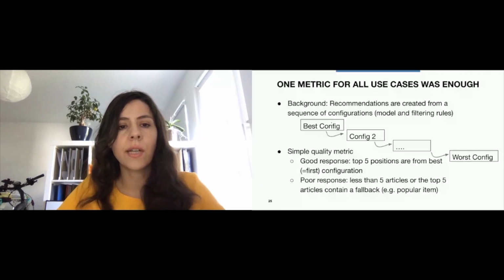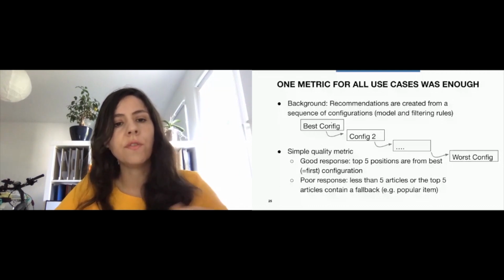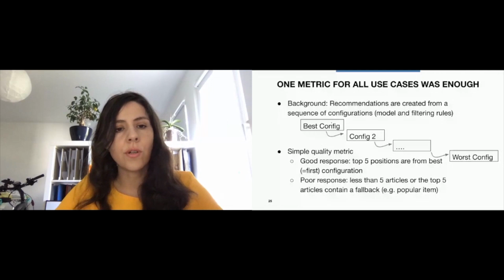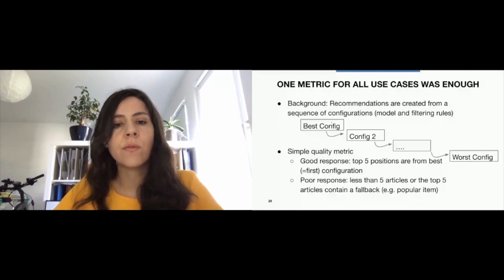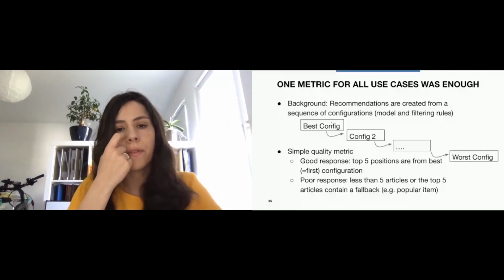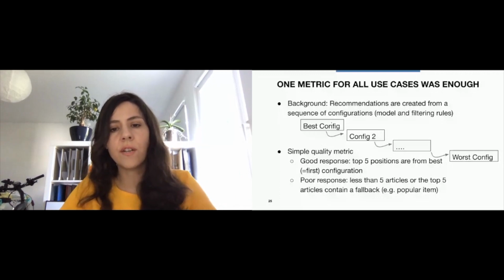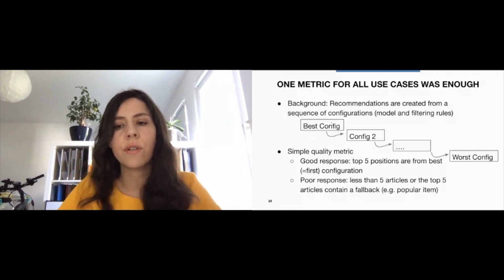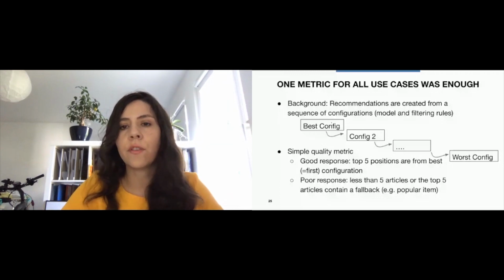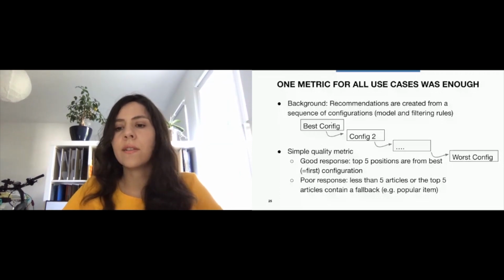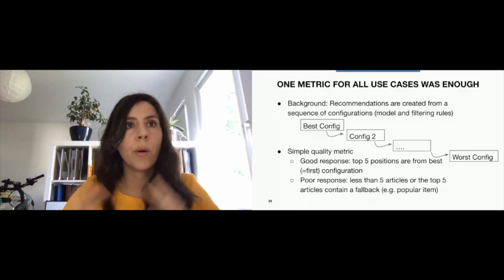We would attempt to get 20 recommendations from this configuration. If it didn't work, if it only hit 10, we would try the next best one, for example, an unpersonalized recommendation engine with certain filters. If this was enough, you could return. If it's not enough, you go to the next configured configuration and so on, till you arrive at the worst one, typically some fallback like popular articles.